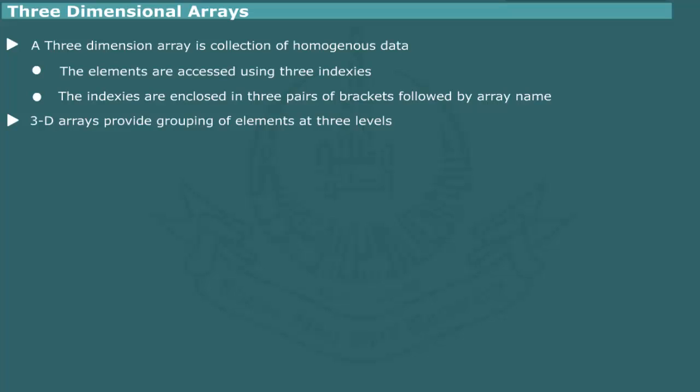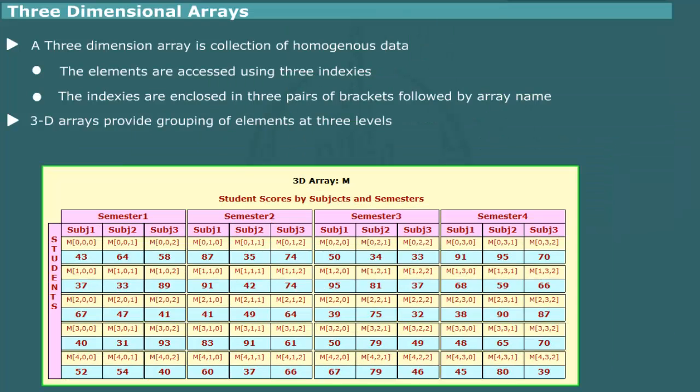The three-dimensional array extends the notion of grouping of elements to three levels. For example, student scores might be grouped by student number, semester, and subject. The first index would refer to the student number, the second to the semester number, and the third to the subject number.